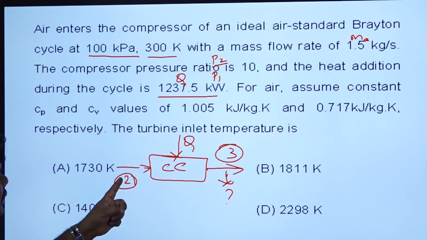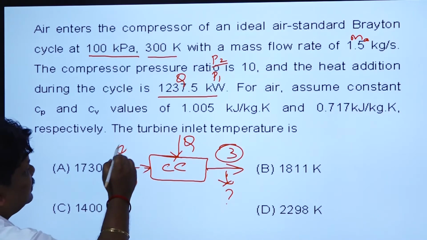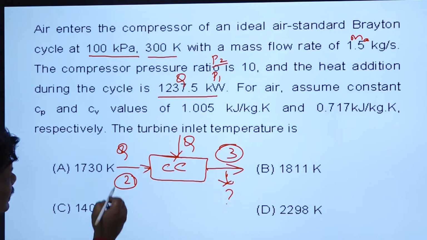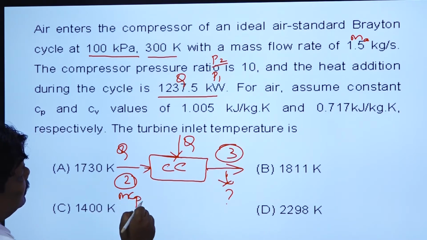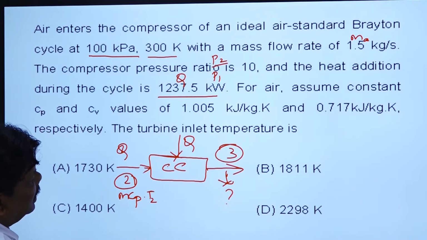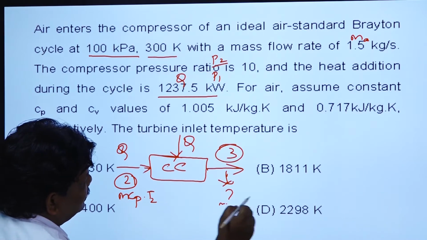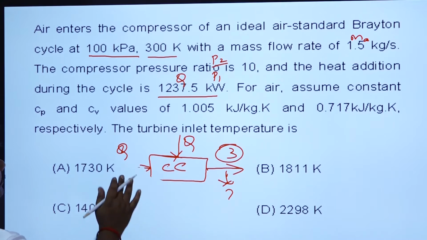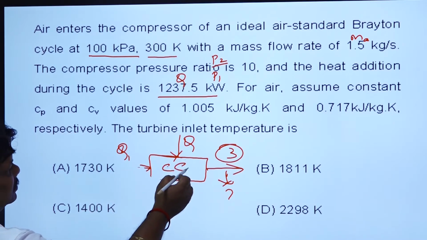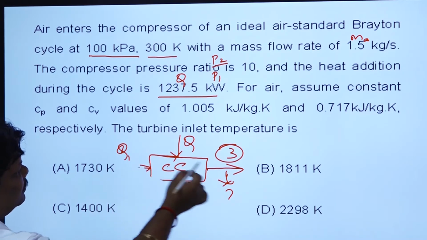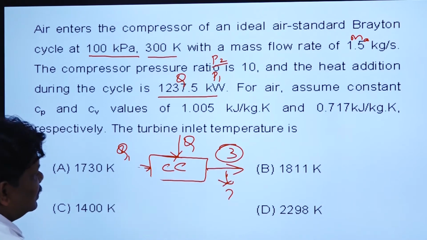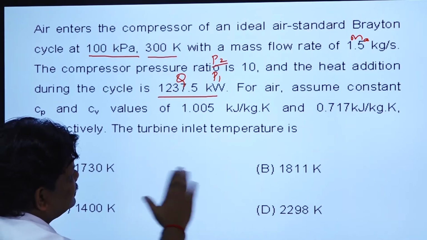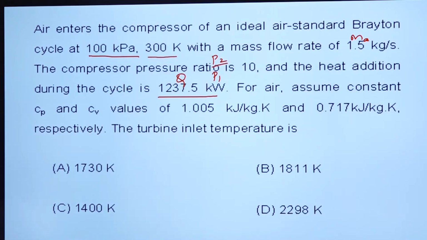So Q plus this T2, or whatever it may be, if this is also Q, you can see that it is MCp into T2, and this will be equal to MCp into T3, like that. So if it is Q1 and this is Q, then Q plus Q1 will be equal to this Q3. Right. So this is the diagram which represents the given problem.